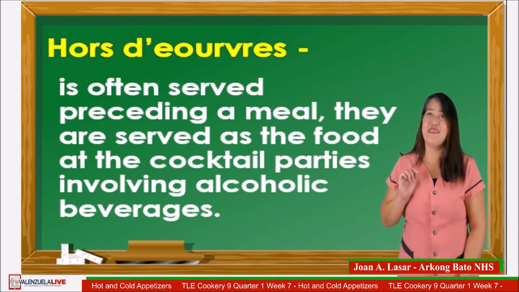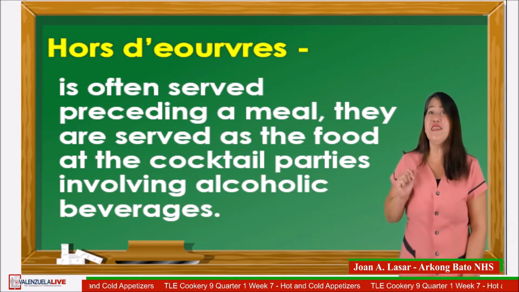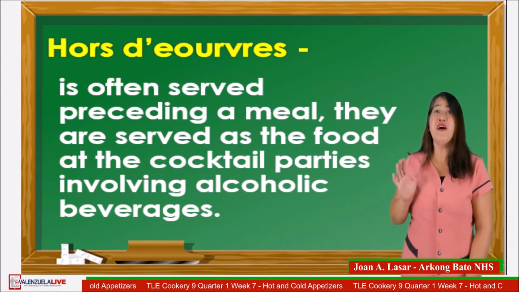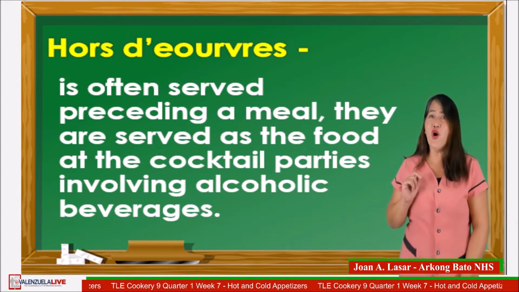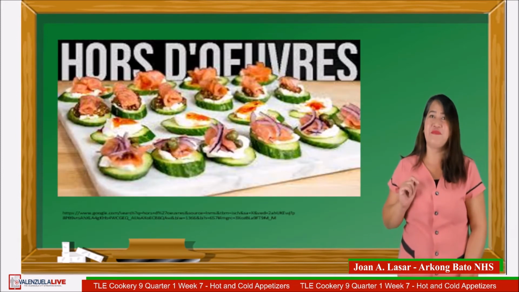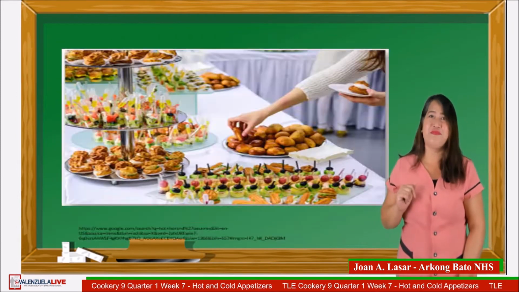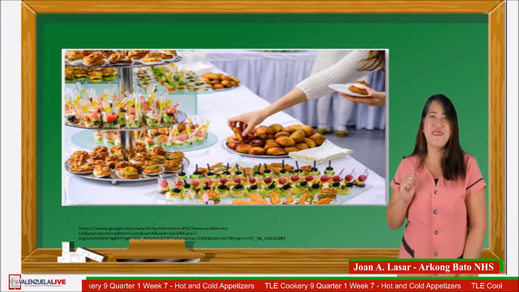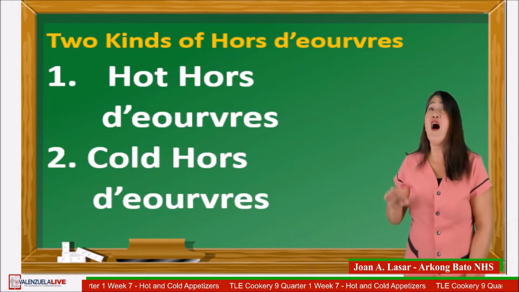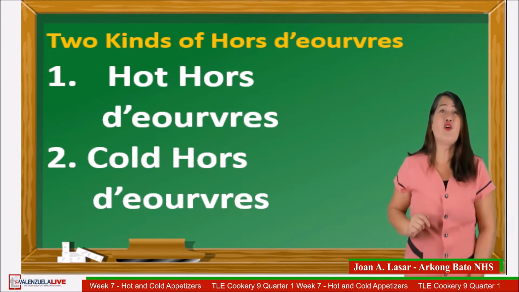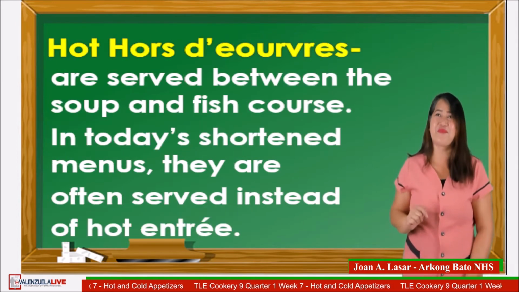Hors d'oeuvres is often served preceding a meal. They are served as the food at cocktail parties involving alcoholic beverage. We have two kinds of hors d'oeuvres: hot hors d'oeuvres and cold hors d'oeuvres.